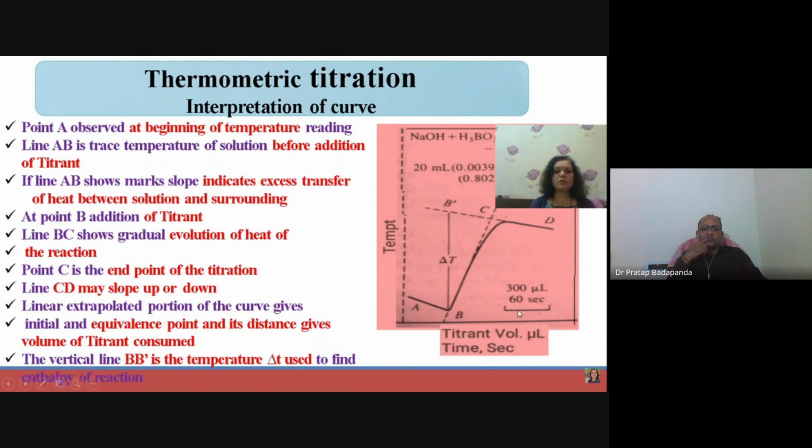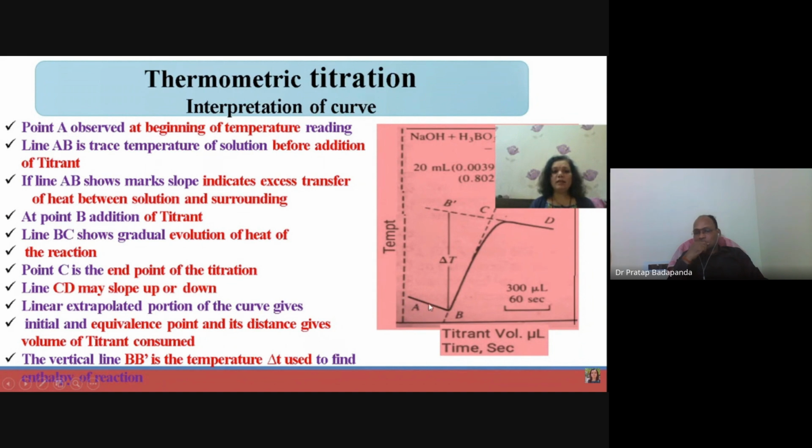This is a titration plot where change in temperature versus volume of titrant added in microliters has been provided to you. Now, the plot is obtained, the nature of the plot you can see clearly in this particular pink color image. Look at each and every point. This point A is the beginning point where it shows a little bit of decrease and you may think that it will be an endothermic reaction. So, at the beginning the temperature is a little bit decreased.